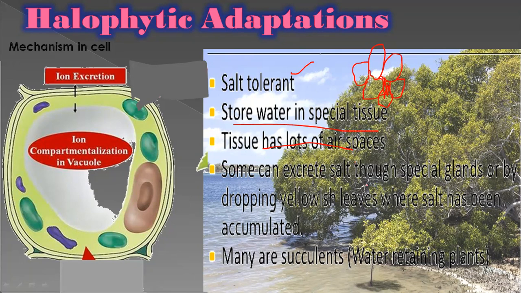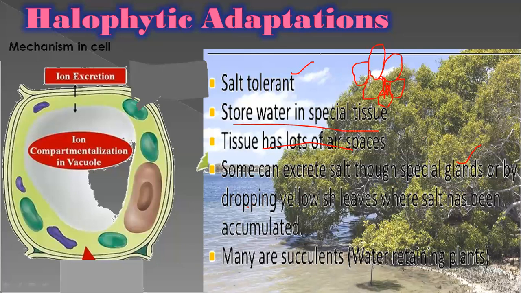Some can excrete salt through special glands. Salt glands are present in their leaves and stems. These salt glands release salts when there is too much accumulation of salts on their leaves or surfaces.